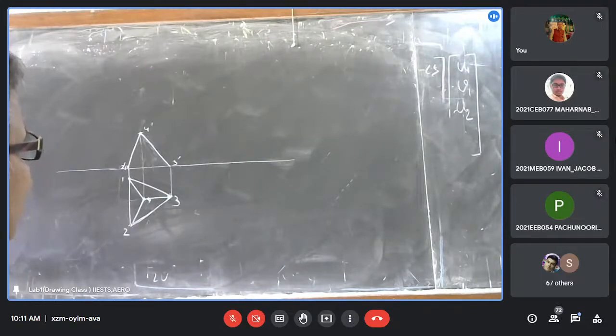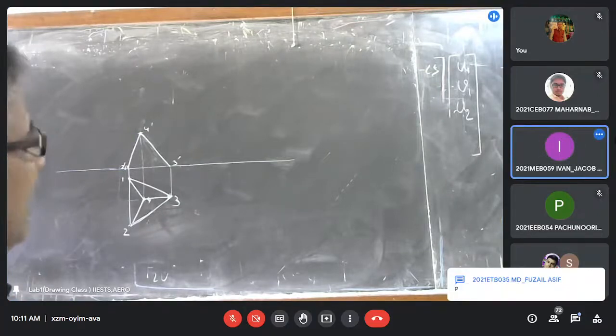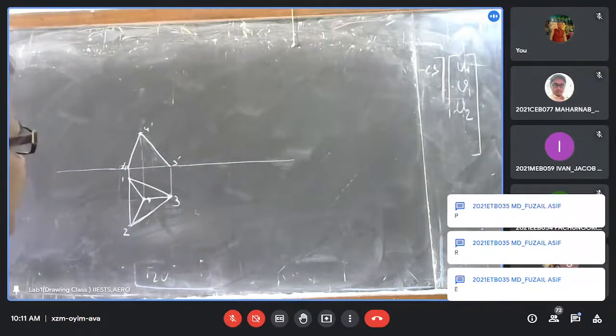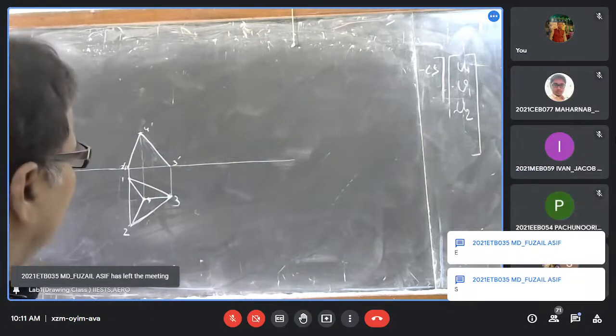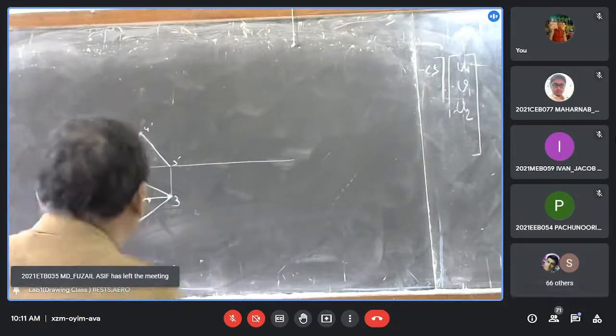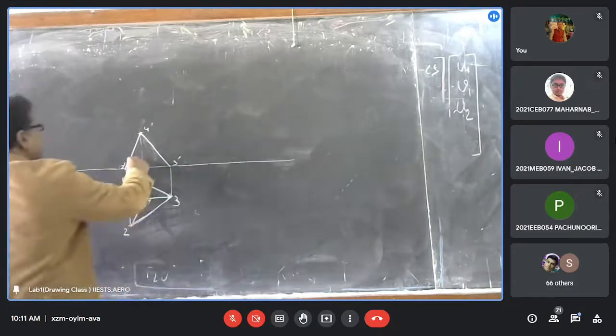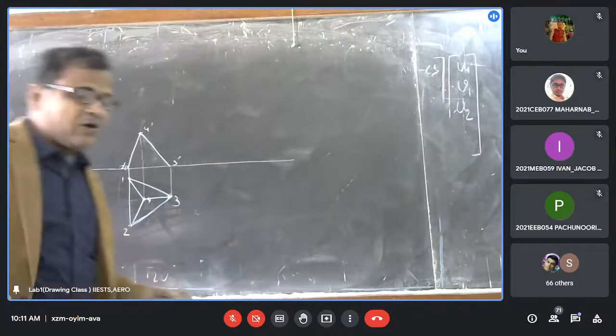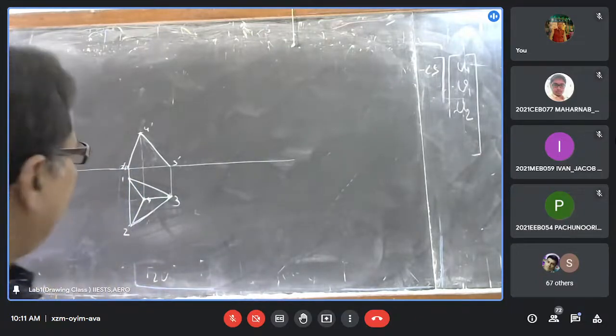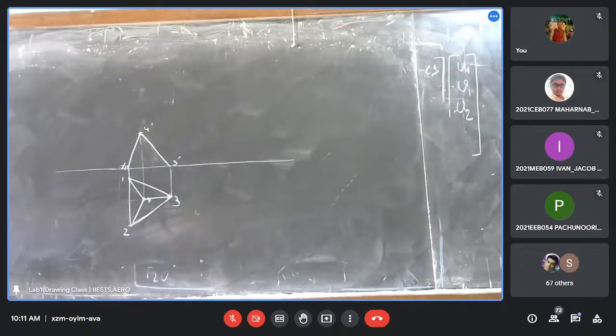Now it is the condition. This surface is perpendicular to the vertical plane, but making some angle with the horizontal plane. We do not know what the angle is. If you measure this angle, it will be the angle with the horizontal plane. So now I want to make that 1, 2, 4 surface perpendicular to both planes.